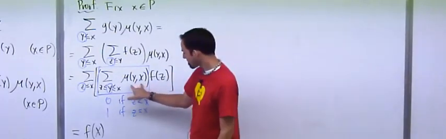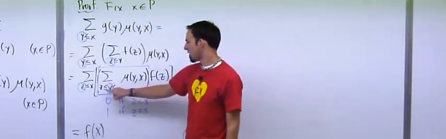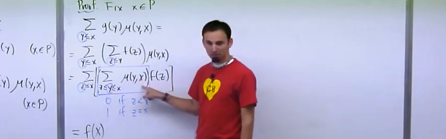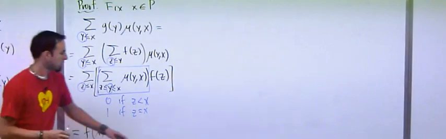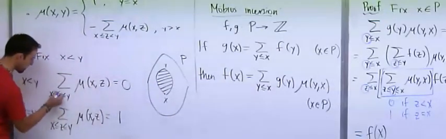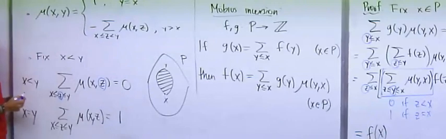Because here I'm adding over the variable y, and I'm adding the values of mu of y comma something. Right. But here, I'm adding over the variable z. Let me maybe bring my blue marker over here. Here I'm adding over my variable z, and my variable z occurs in the second position in the sum.